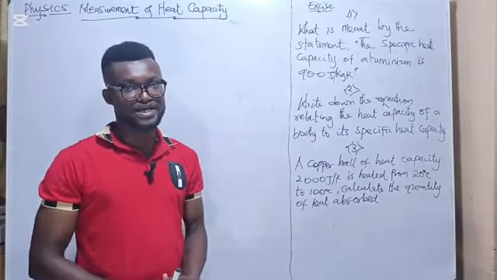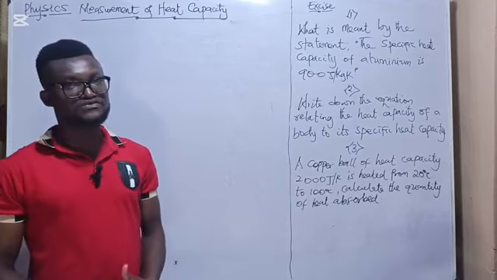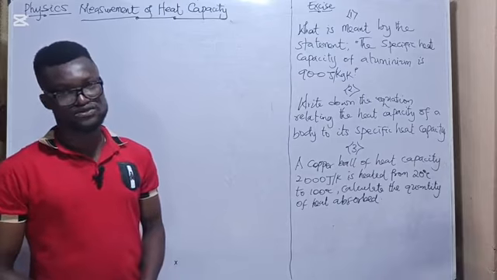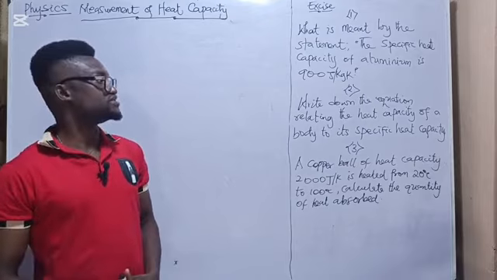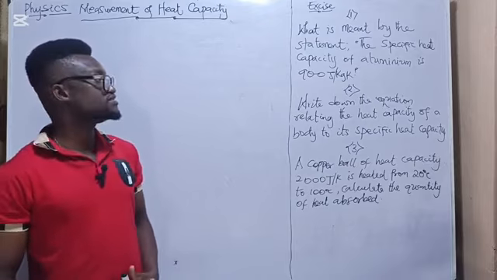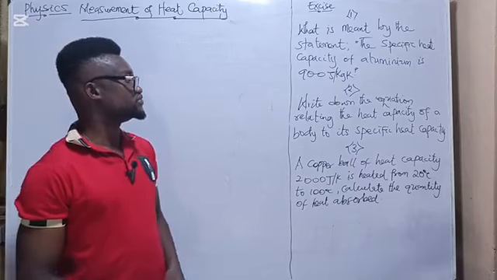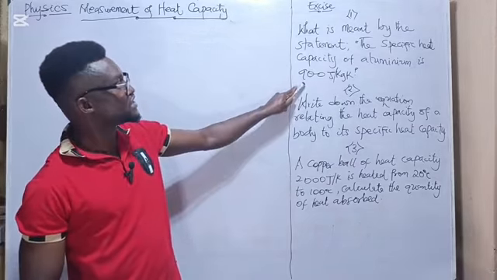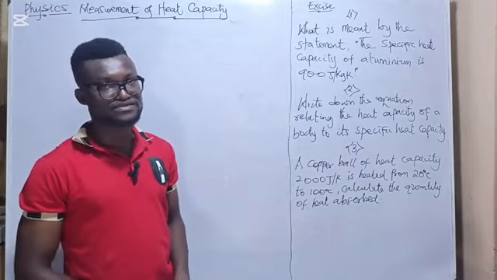Now from the knowledge we got from the previous class, where I explained what specific heat capacity is all about, from that very definition of specific heat capacity, we could put up the answer to this question, number one.